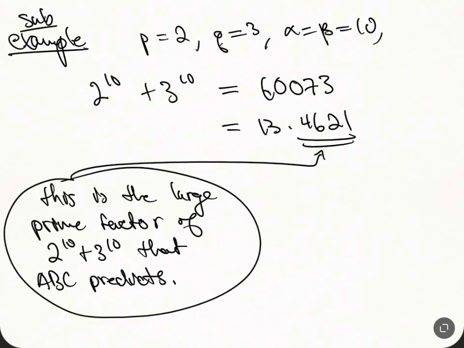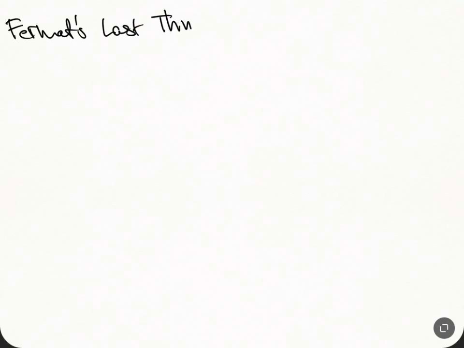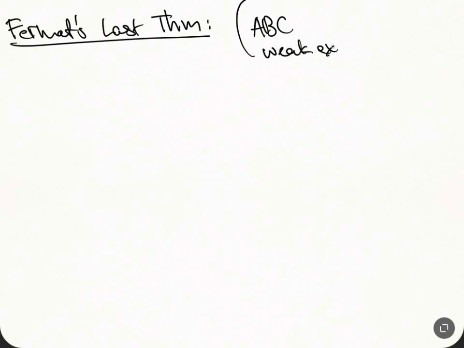Cool. All right. So let me give another demonstration of the power of this simple statement, and that's through Fermat's last theorem. So suppose, I'm going to show that ABC, the weak form where epsilon naught is 1, implies Fermat.